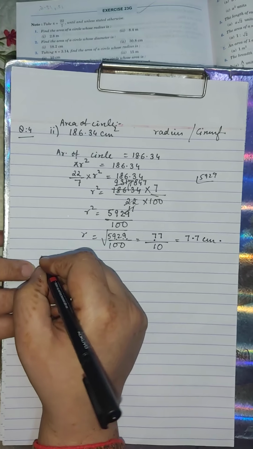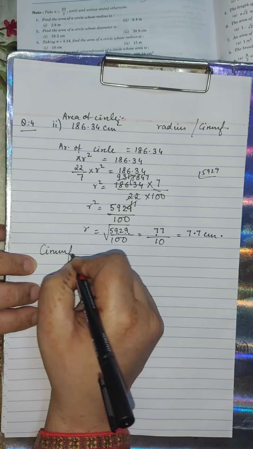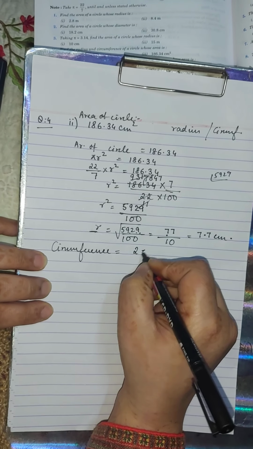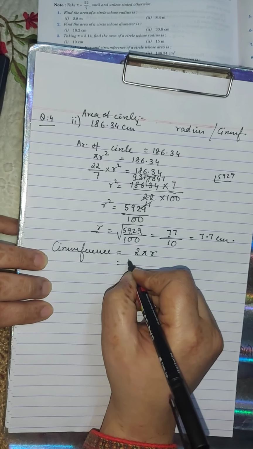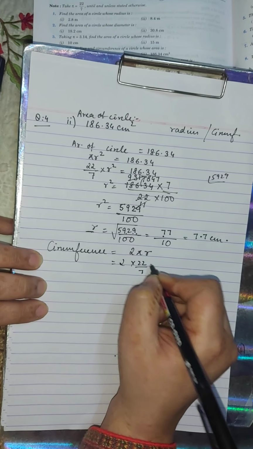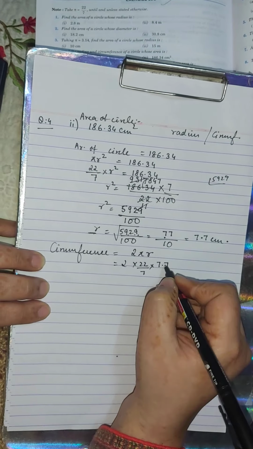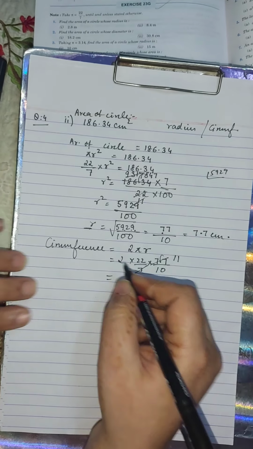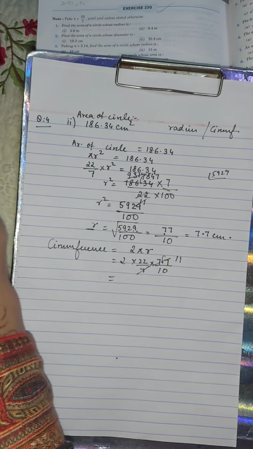Now we have to find the circumference. Now circumference of circle, when radius is given, formula will be 2 pi r. So 2 into 22/7 into 7.7. Take the decimal. This will come 11. So 44 into 11.